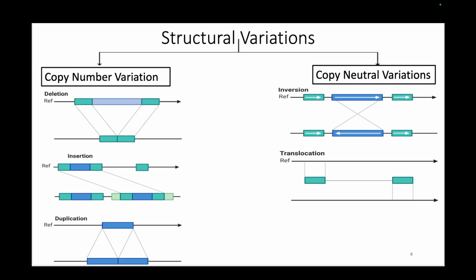But previously, this sequencing technique was not that well established. So we had array designs. Remember the microarray we talked about last class? Previously there were arrays designed for a particular probe, and if that probe was higher in number, you could assume that there is a duplication. If that probe is lower in number than what you are expecting, you can assume there is a deletion, stuff like that, right?